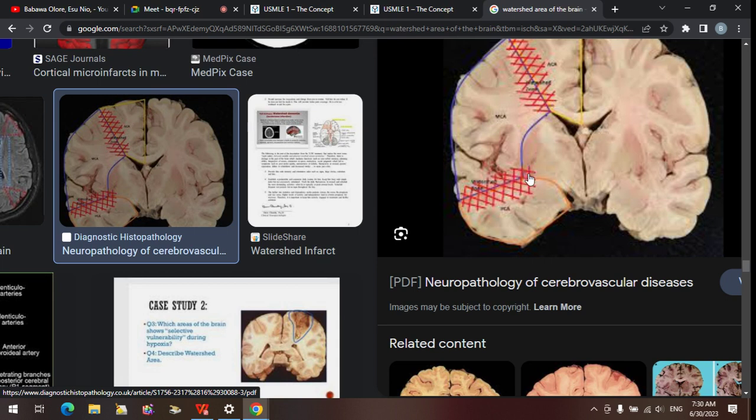Distal part of the MCA, distal part of the PCA. So we can say that the watershed areas are border zones between the ACA and the MCA and the MCA and the PCA, just like we are seeing here. These areas don't have collateral. There's no connection between this place and this place.